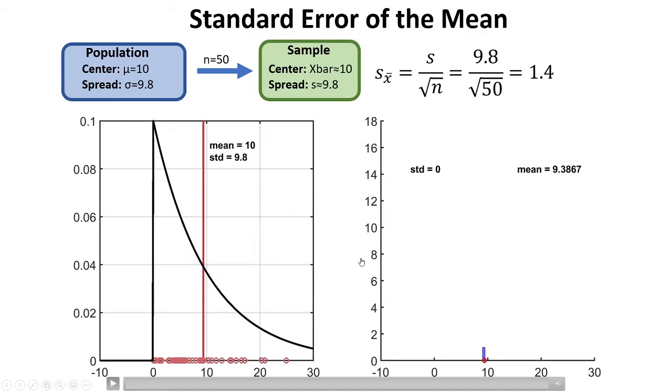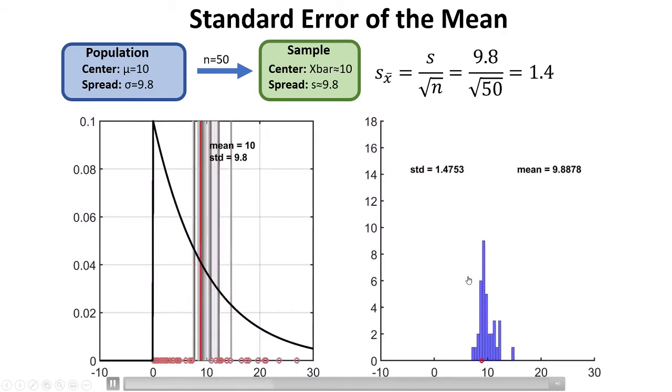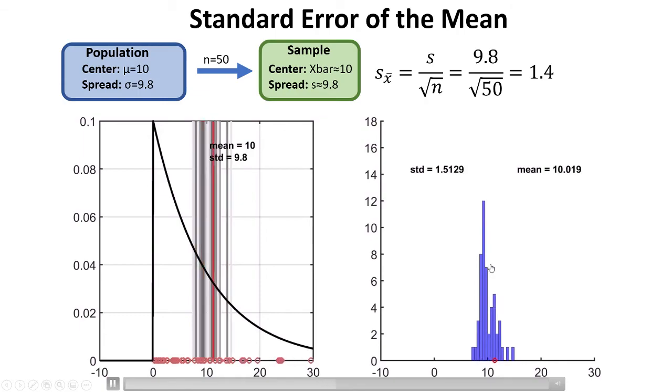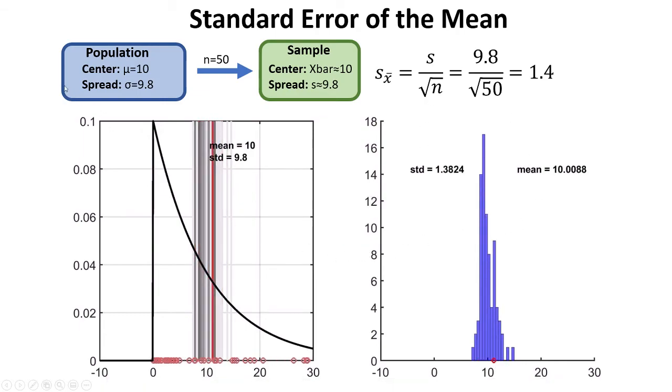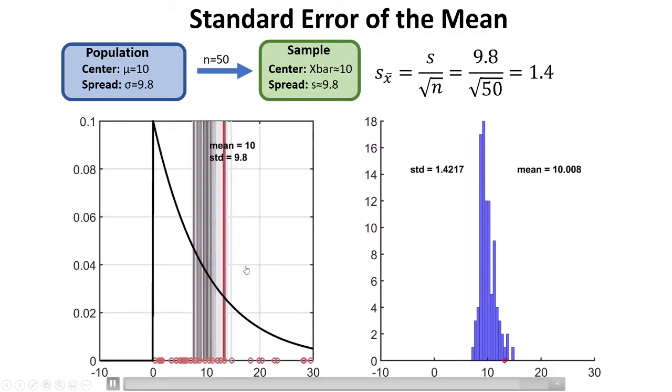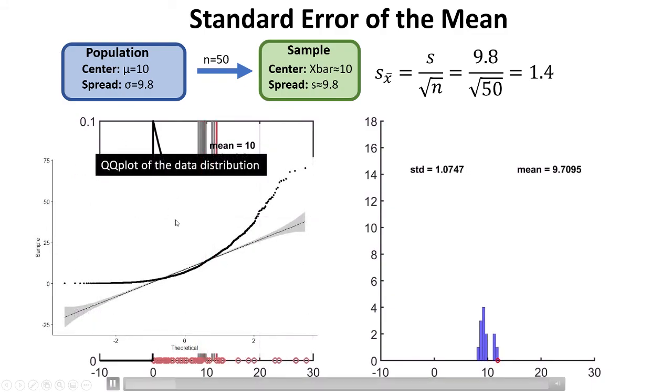So let's go back to some of those non-normal distributions we were looking at before. Specifically, this one where we have an exponential distribution here, and we were taking samples of 50 and generating a sample distribution over here. So if we do the quantile plot for the data on the left, it ends up looking like this.